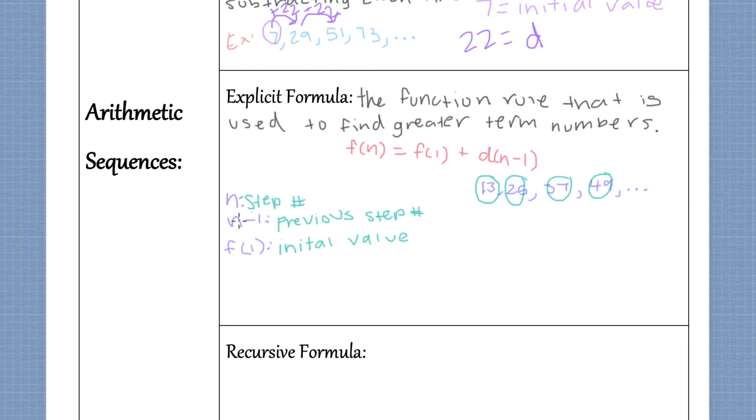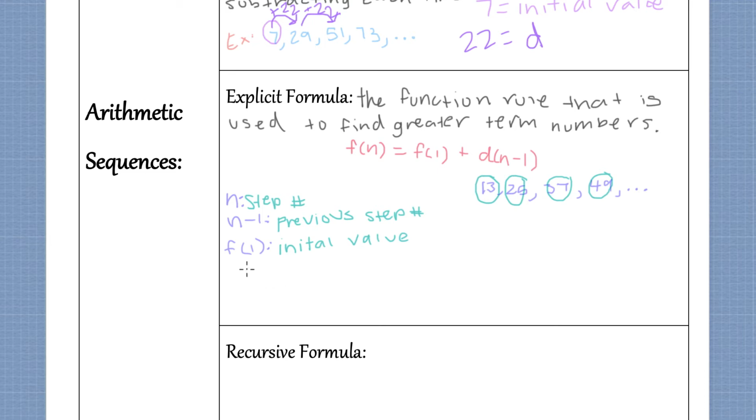So f of 1 in this case would be 13 right here. Let me circle that. f of 1 would be 13, the initial value. We can see that 13 is the starting value of this sequence, so that is our initial value.